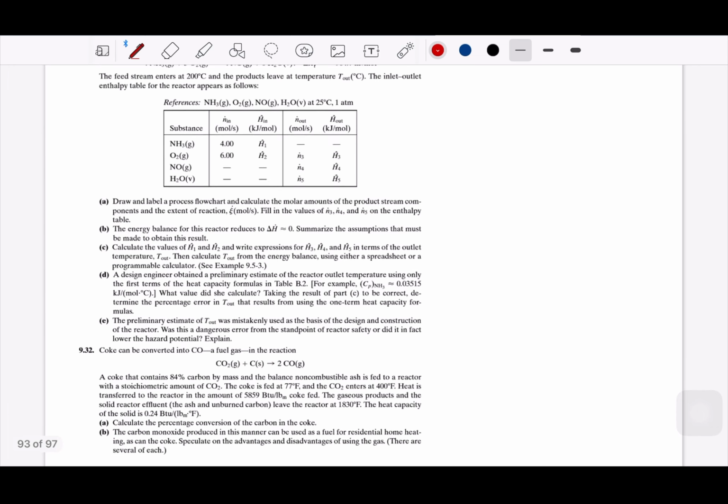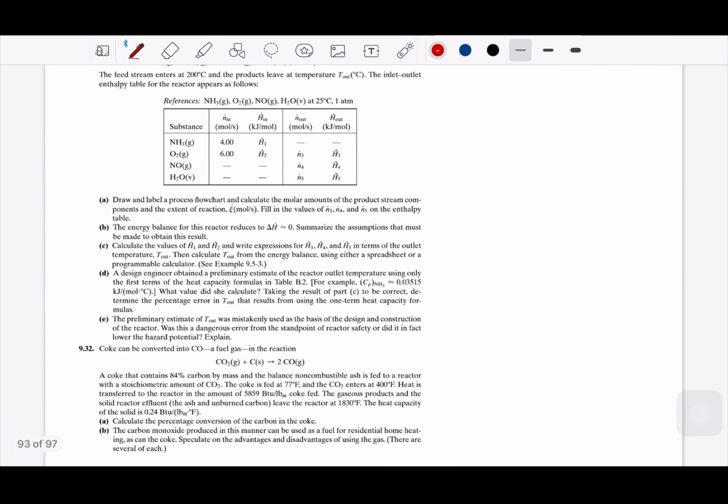I believe we could go to 30, 31 or 32. I think we can try 32, although it's a little bit complicated, but let me try 32.